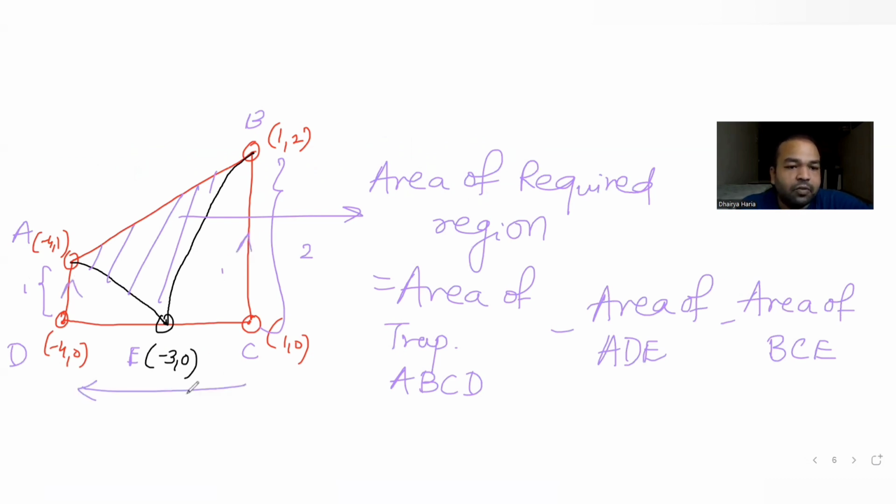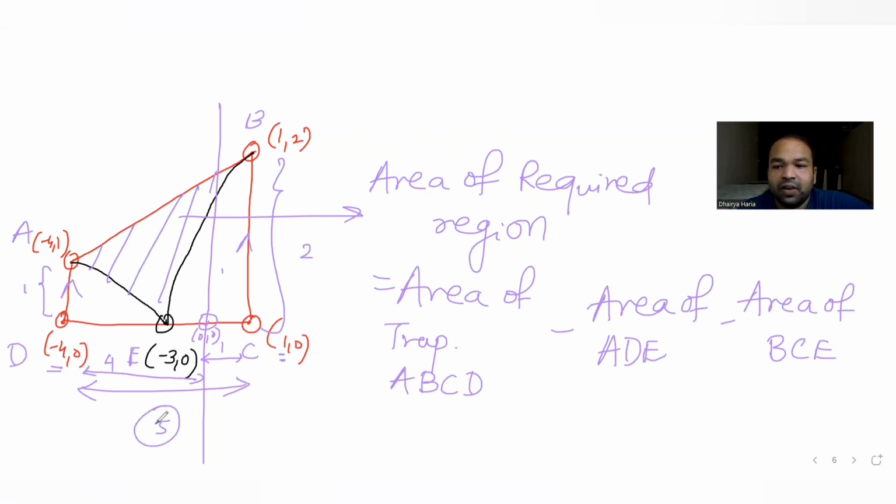And the height, if you see, it's going from x coordinate 1 to x coordinate minus 4. So if this is the origin, let's say 0 comma 0, you have here 1 unit distance and here you have 4 units distance, so height becomes 5 here.